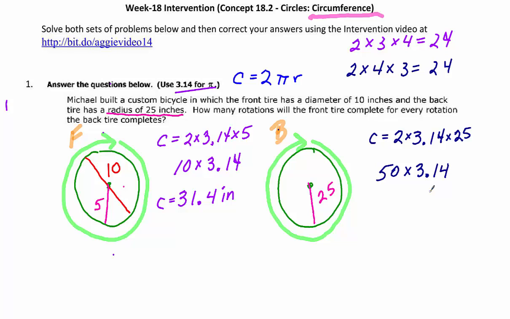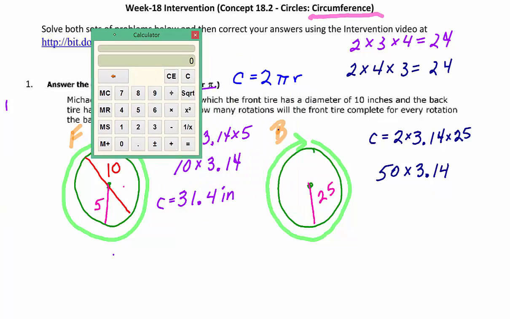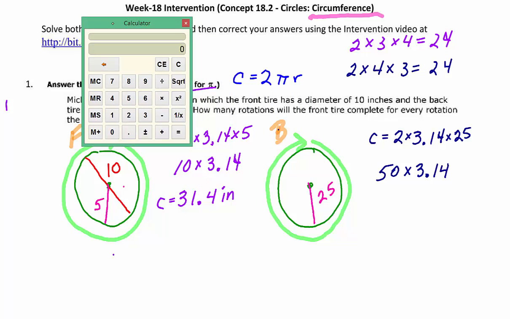And now I'm going to need a calculator. So I'm going to grab a calculator here. Remember, we use real tools for real jobs. I've got 50 times 3.14 equals 157. So this has a circumference of 157.